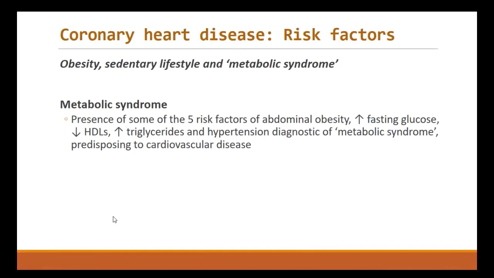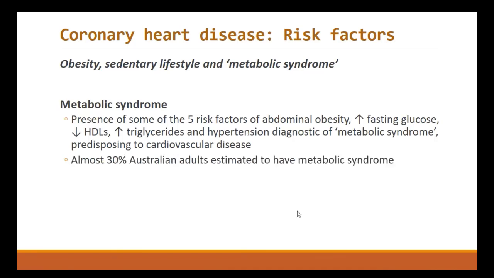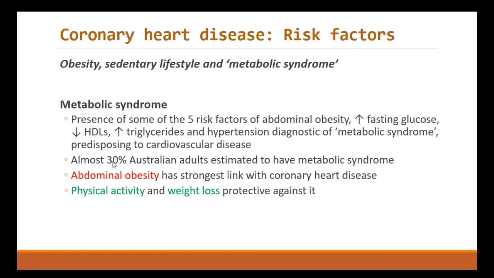Obesity, sedentary lifestyle, and metabolic syndrome: someone who has this has a very high risk of developing coronary heart disease. Almost 30% of Australian adults are estimated to have some form of metabolic syndrome, so it is very common. Abdominal obesity out of these has the strongest link with coronary heart disease. Physical activity and weight loss protect against it.